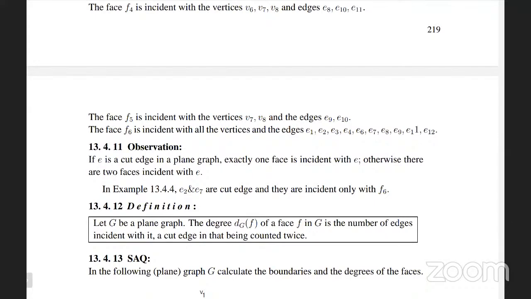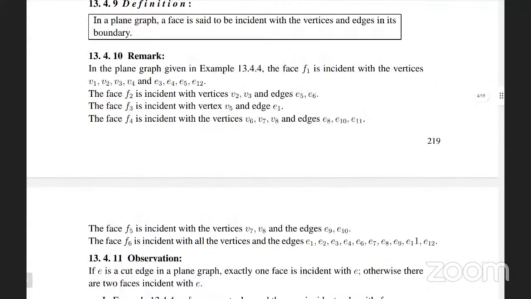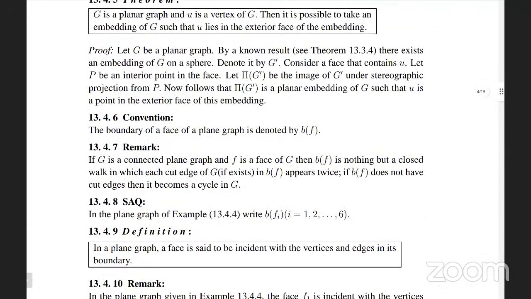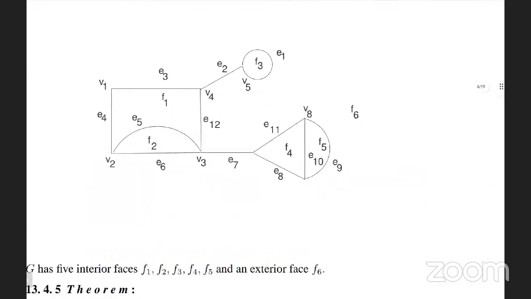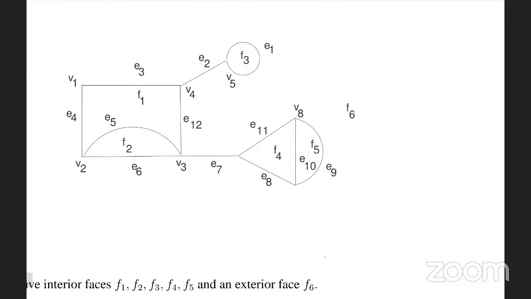So where is F6, you see here? F6 is clearly outside, but it is bounded by V1, V2, V3, V8, and V4, V5, and even E2, like that.